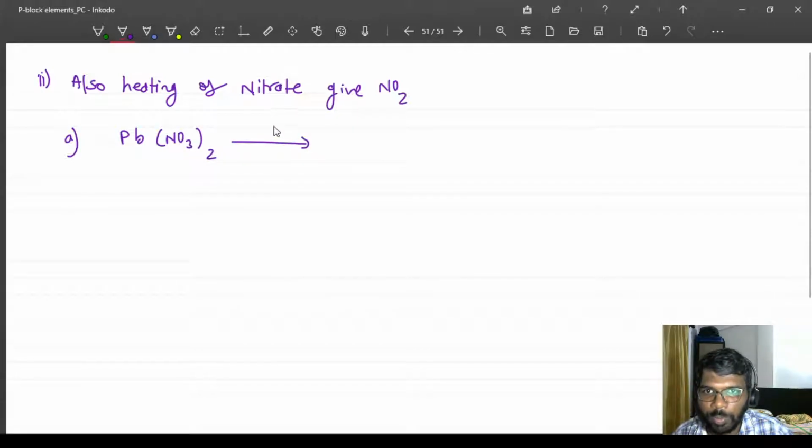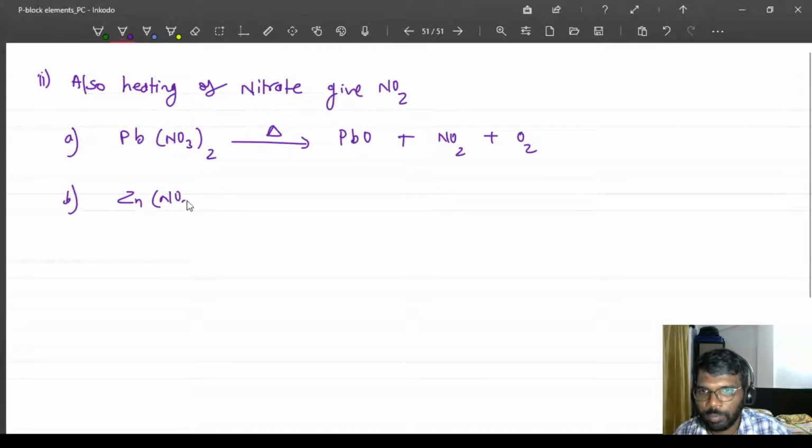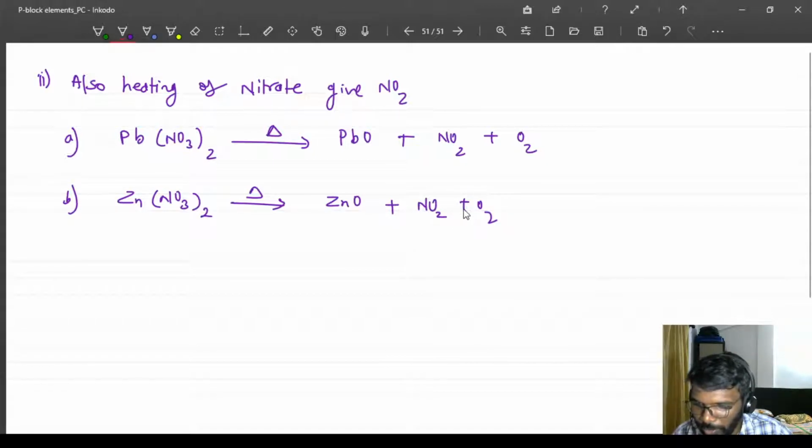If we heat this compound, what we'll get is lead oxide plus NO2 and oxygen, right? Also, if you heat zinc nitrate, you get zinc oxide plus NO2 and O2. These are the compounds which you are going to get.